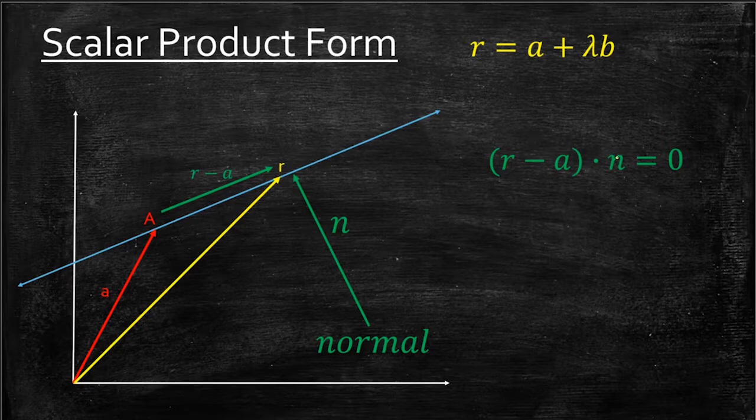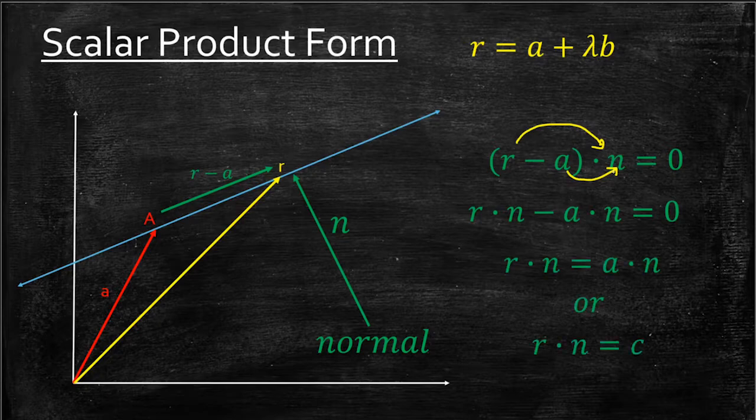And again, through expanding out the dot product, just like using the distributive law, we can do r dot n take away a dot n. And that gives us this result here. And we'll just move the negative a dot n to the right hand side, which gives us r dot n equals a dot n. And I've also written there that we could write this as r dot n equals c.